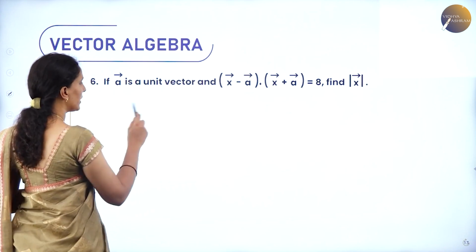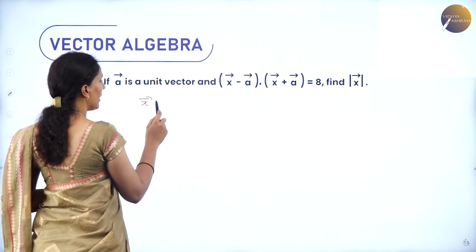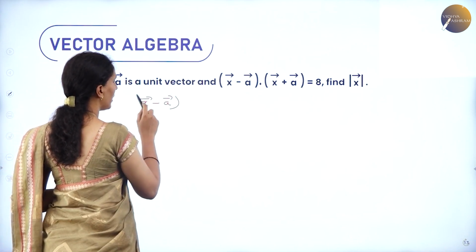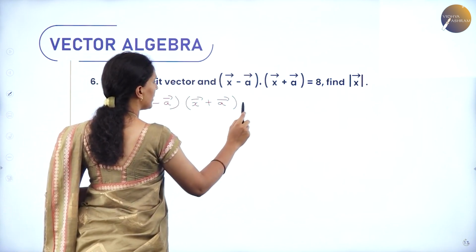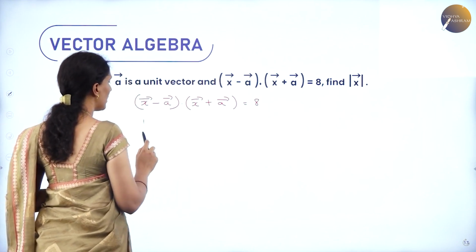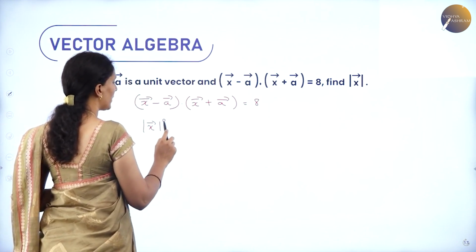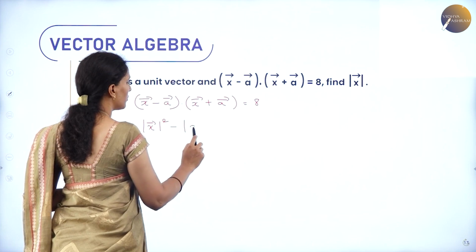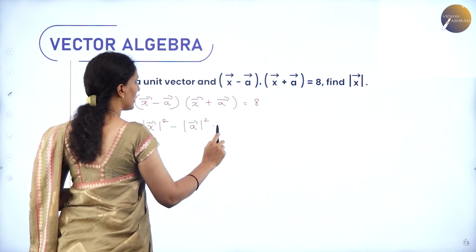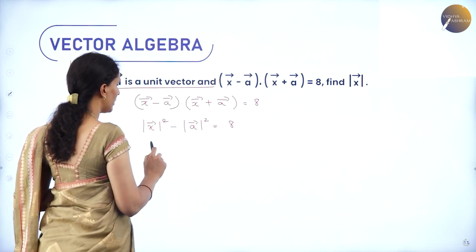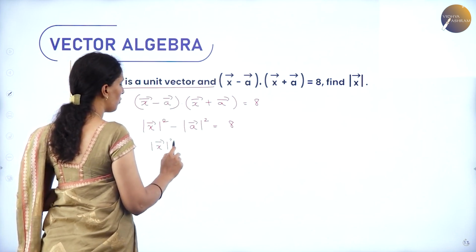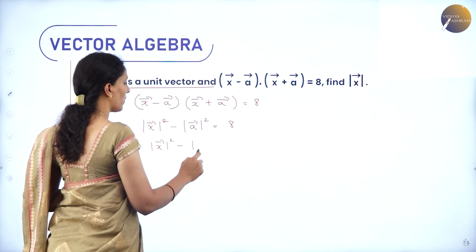So, now again using the same formula, (vector x minus vector A) dot (vector x plus vector A) is equal to 8, which becomes magnitude of vector x square minus magnitude of vector A square is equal to 8. Given vector A is a unit vector, the magnitude of vector A is 1, 1 square is 1.